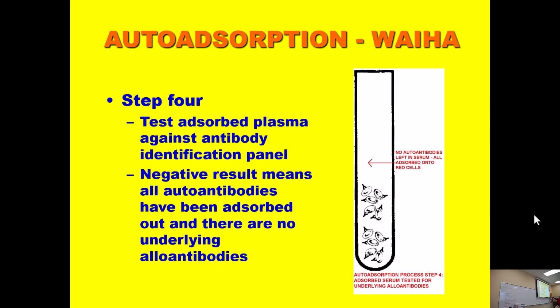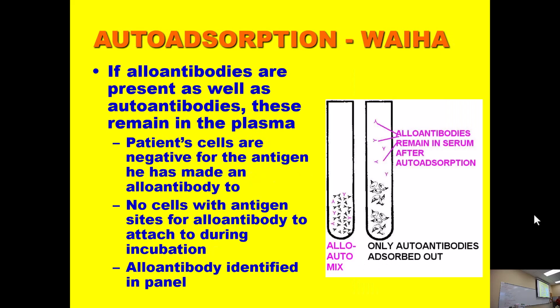So then we're going to test the absorbed plasma against the antibody ID panel because we've taken all the autoantibodies out. So if there's any alloantibodies left, we're going to test them against the panel. A negative result means all autoantibodies have been absorbed and there are no underlying alloantibodies. If the alloantibodies are present, the patient's cells, you're going to be able to find them on a panel.